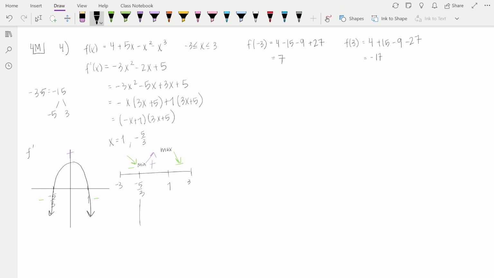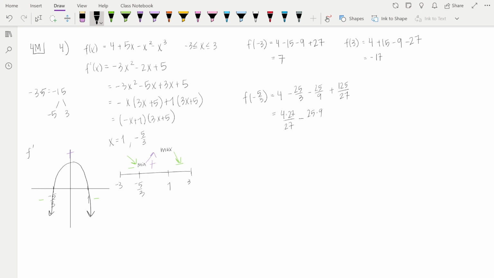So the question is, when I plug this x into my function, will I get a number that's smaller than -17? Find out. So f of -5/3 equals 4 minus 25/3 minus 25 ninths plus 125 over 27.